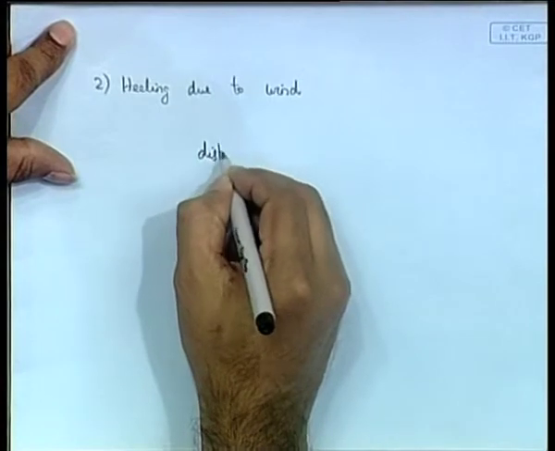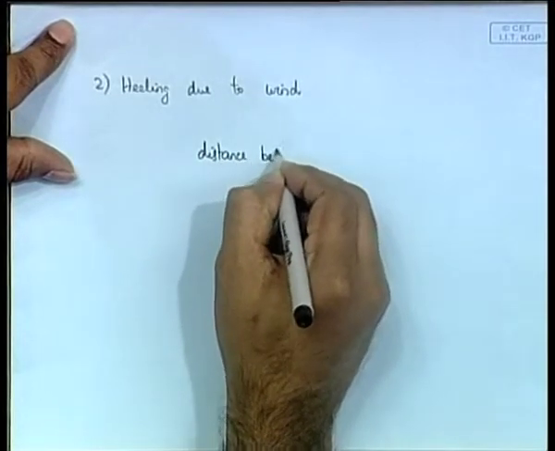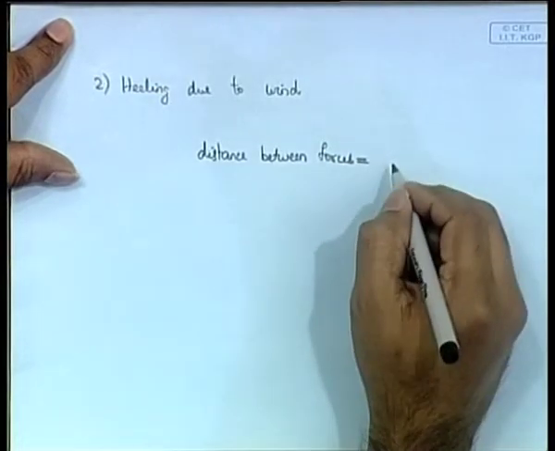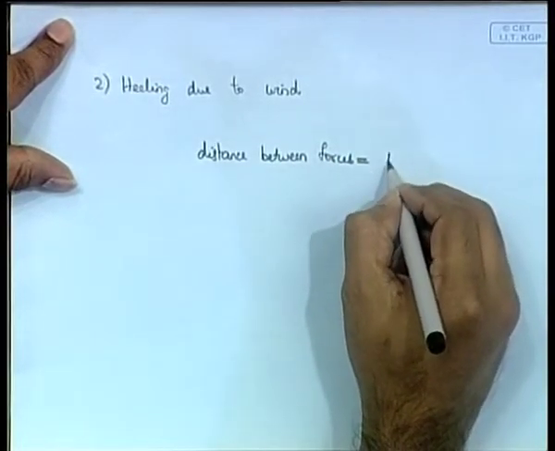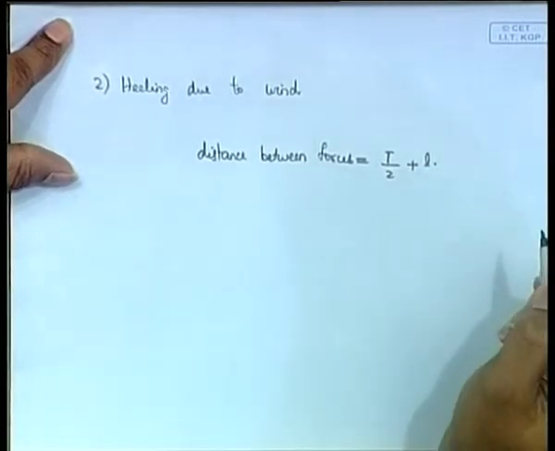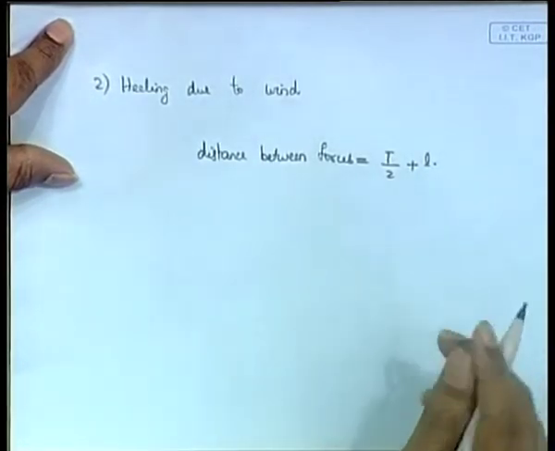So there is one force here and one force here, and the distance between the forces becomes, if T is the draft, T by 2 plus L, where L is the distance between the water line and the centroid of the windage area.